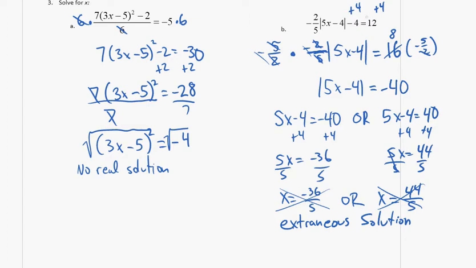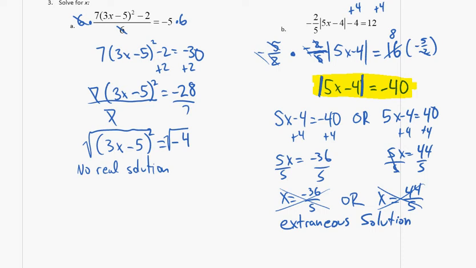And here's why. If you go back and you look at this step right here, you'll notice there's something very, very wrong happening here. There's no way that you can do the absolute value of something, I don't care if it's 5x minus 4, there's no way that you can do the absolute value of anything and end up with negative 40 as your answer.